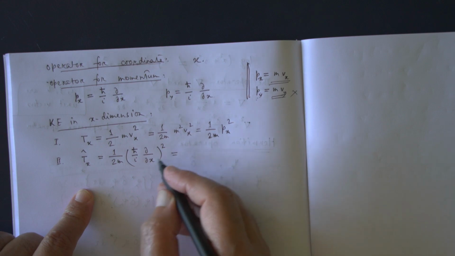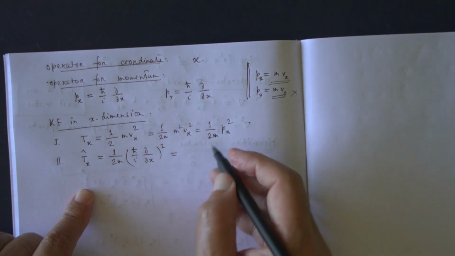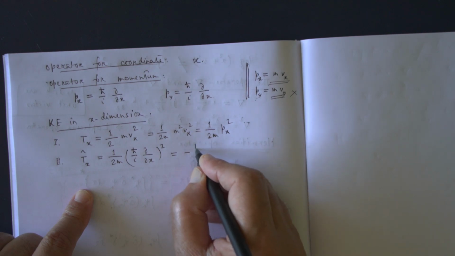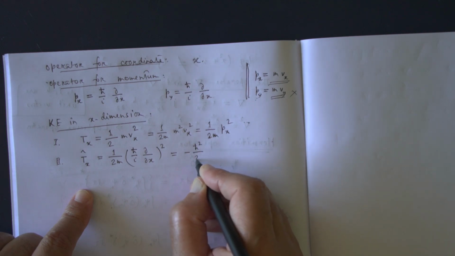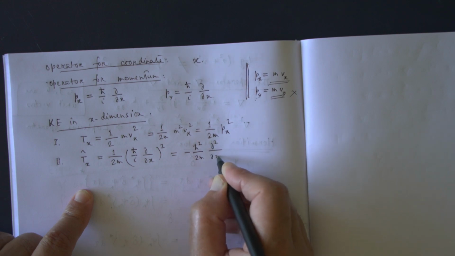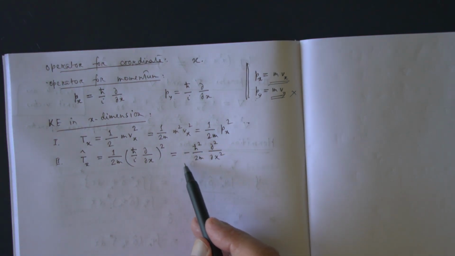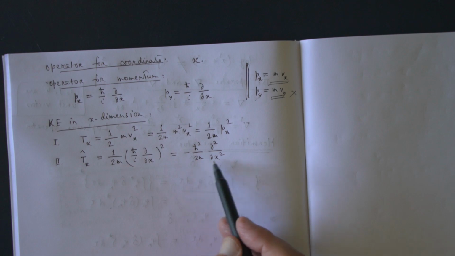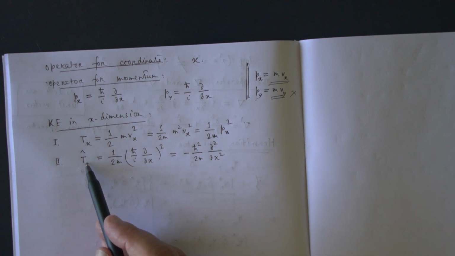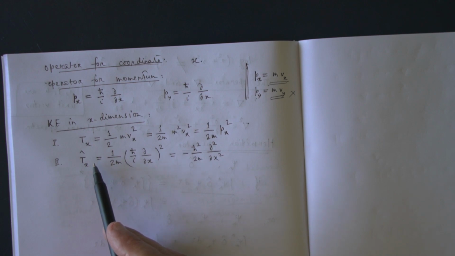Since i square equals -1, this is minus h bar square by 2m del 2 del x square. This is the operator for kinetic energy in the x dimension.